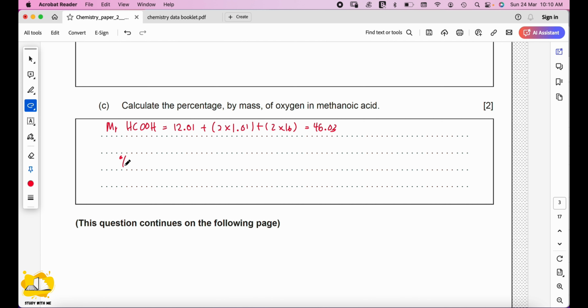For the percentage of oxygen, we need to divide the molar mass of oxygen, which is 32 because we have 2 oxygen, divided by the molar mass of methanoic acid, which is 46.03, times 100 because it's percentage. So it will be 69.52%.